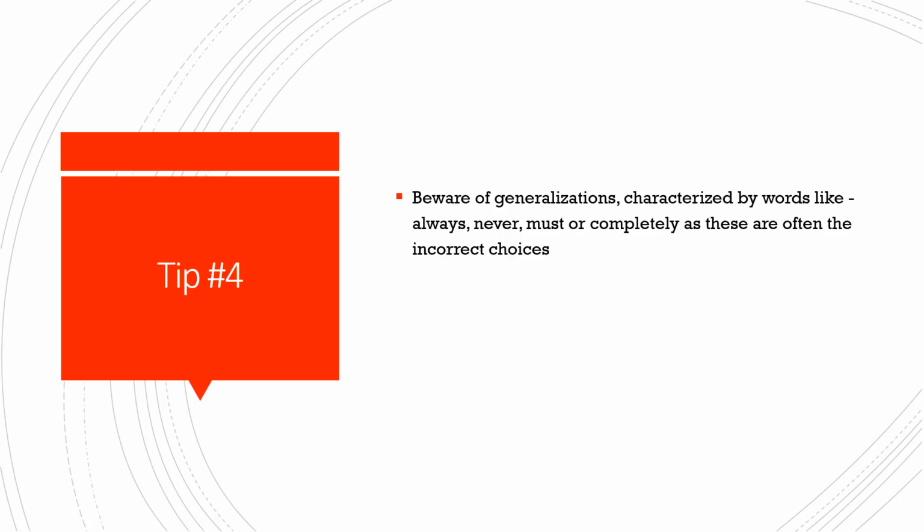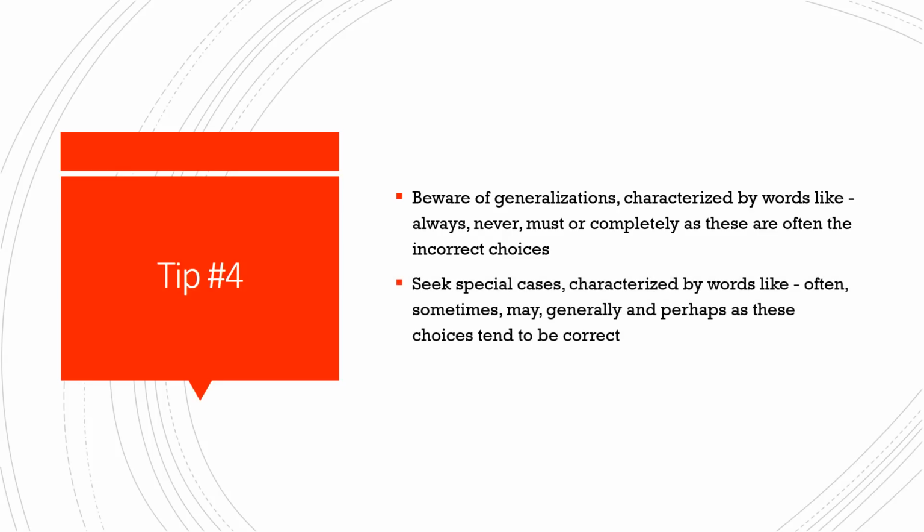So beware of generalizations. When you see generalizations in your answer options, if you see options that have words like always, never, must, or completely, those are probably going to be incorrect choices. At the same time, seek special cases characterized by words like often, sometimes, may, generally, and perhaps.